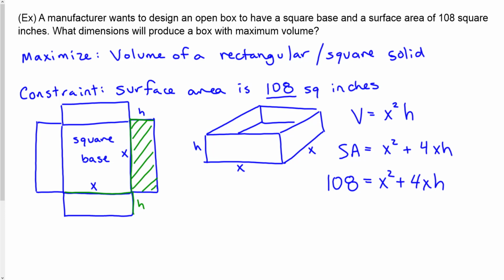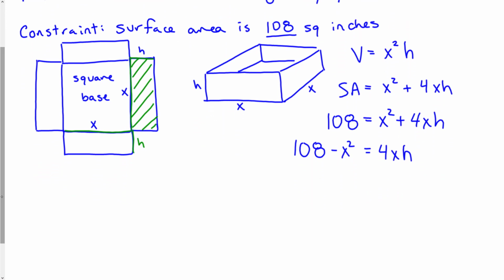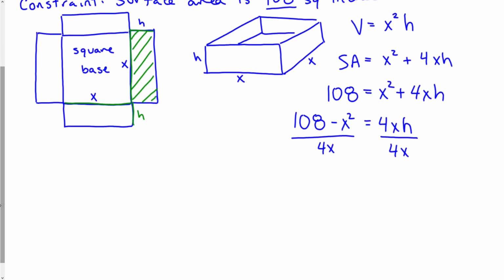So for instance, if I subtract x squared from both sides, that's a start. But then to get h by itself, the next thing I would need to do is divide everything through by 4x. So that 4x will cancel, leaving me with just h.